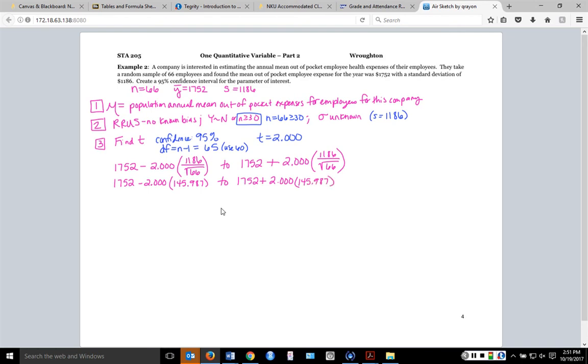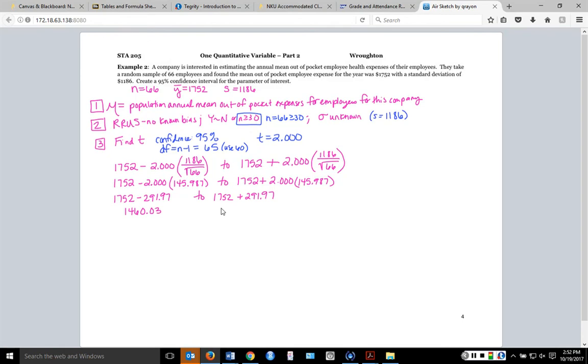Then we're going to do our multiplication. And then finally our subtraction and our addition.